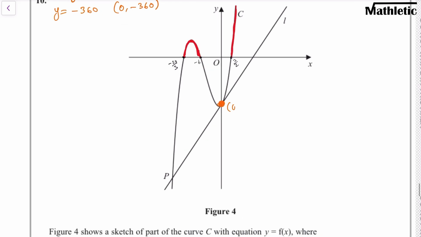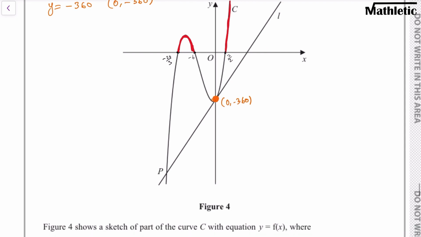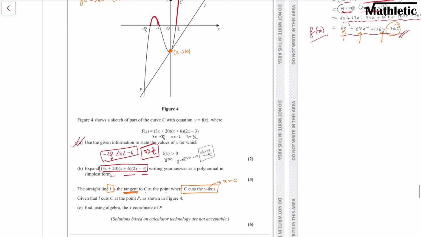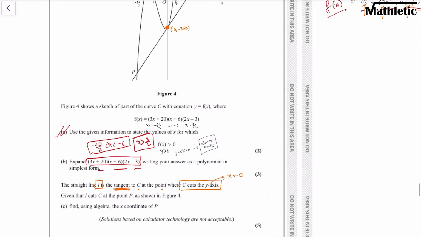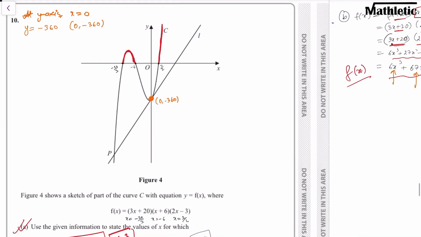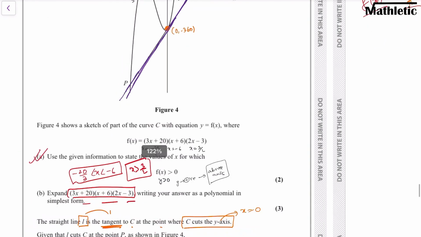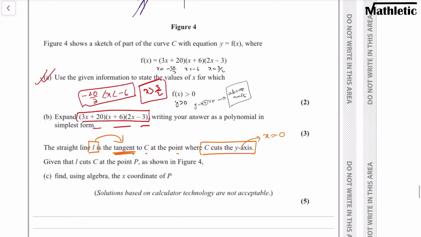We need to find the line L, which is a tangent. This line which passes through this point is a tangent, and this will cut the curve at point P. We need to find the x coordinate of P.